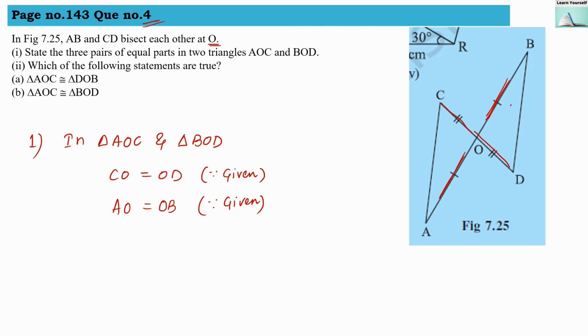Now we need one angle to establish this criteria, that is side, side and angle. So we can take this angle because this angle O is common for both of these triangles. So angle O is equal to angle O, obviously, because this is common for both triangles. Now as per SAS, both triangles are in congruence with each other, but we have answered the first question that the three equal parts are side, side and angle.